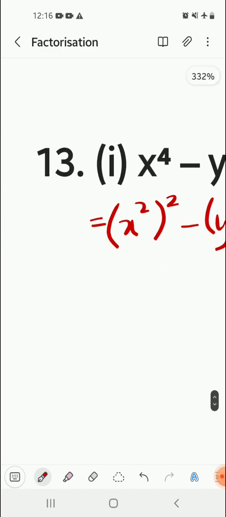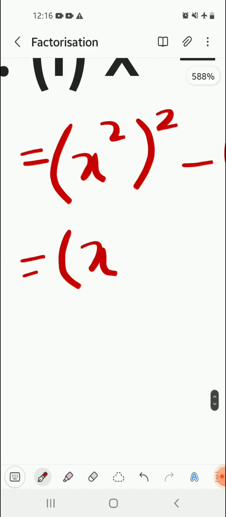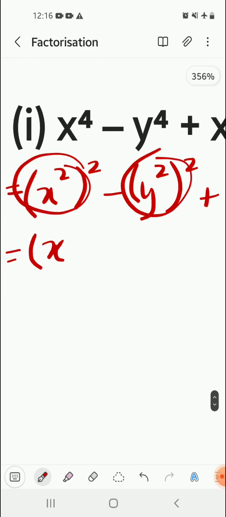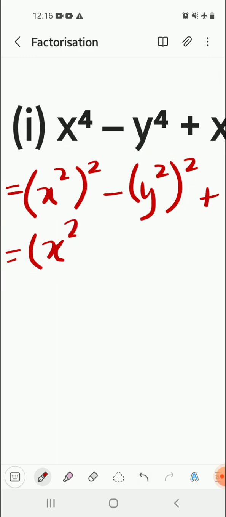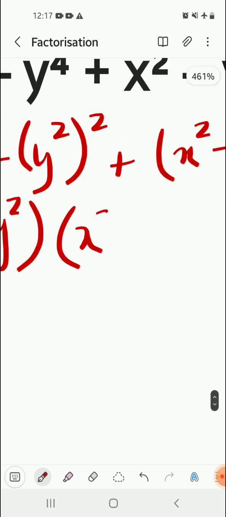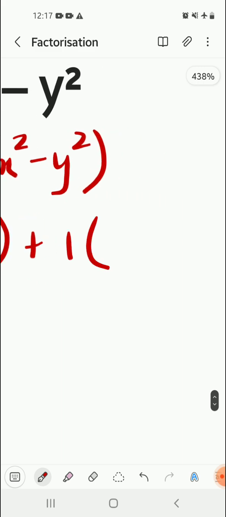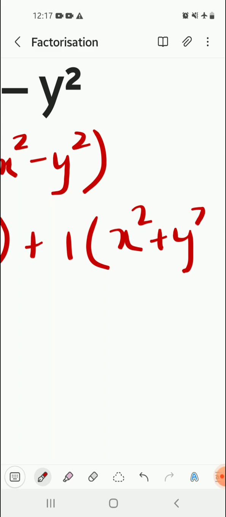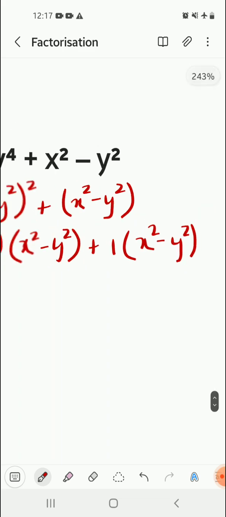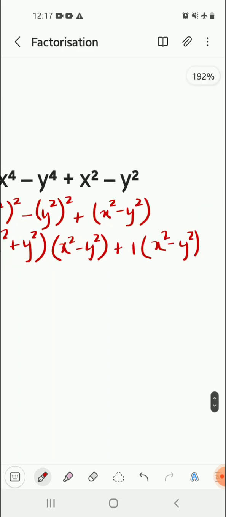After this, see, here what we get is this is a square minus b square formula. So (a square plus b square) into (a square minus b square) plus, here we'll take this as common, x square minus y square. In order to change the sign, I've actually multiplied it with plus 1.